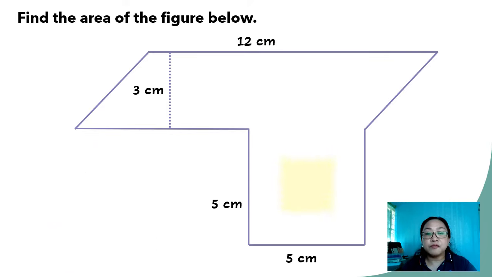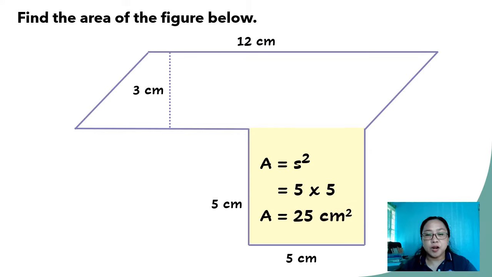Let's start with the 5 by 5 square in this figure. The formula for finding the area of a square is side times side, or S squared. Using the values for the side, we'll have 5 times 5. And so, the area of this square is 25 square centimeters.